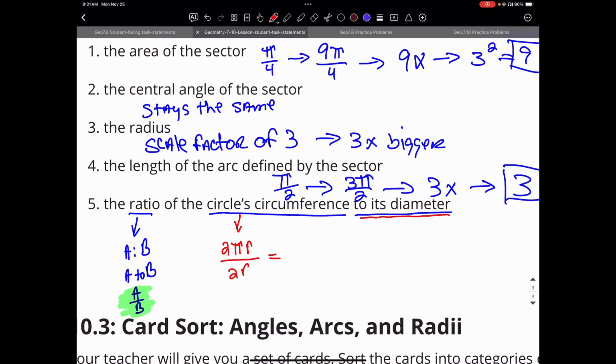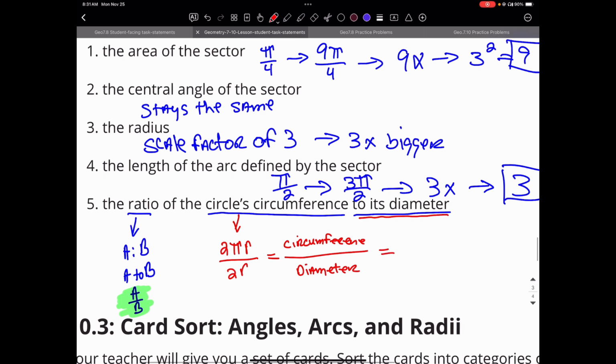Would you agree that this is the circumference to diameter? It's written as a ratio. Well, what would that be? 2 pi r over 2 r. Well, those 2's cancel out, those r's cancel out, and we're left with pi.